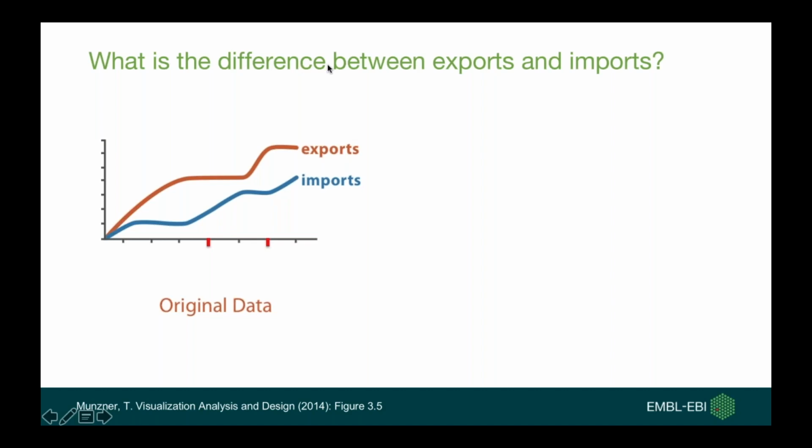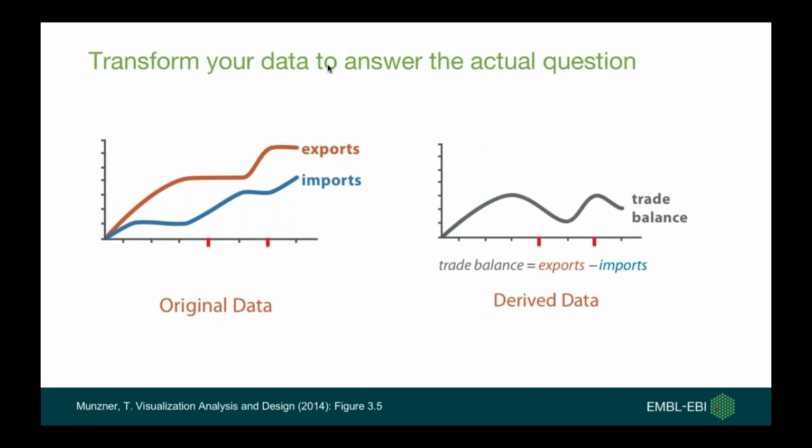If you think about the question though, the difference between exports and imports, you can transform the data and answer it. So what you really need to do is to compute a differential, which is known as a trade balance in commerce. And you can see that you get a line that looks a bit like this. And in that case, it's actually much easier to tell that in the later year, the trade balance is slightly higher.